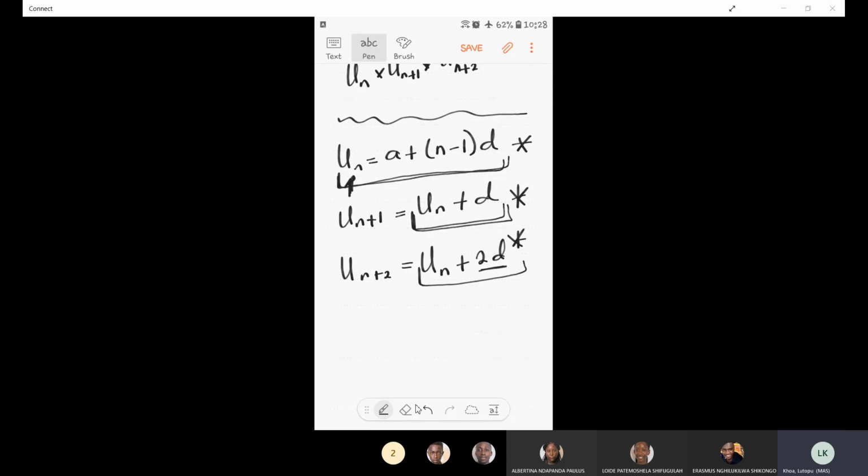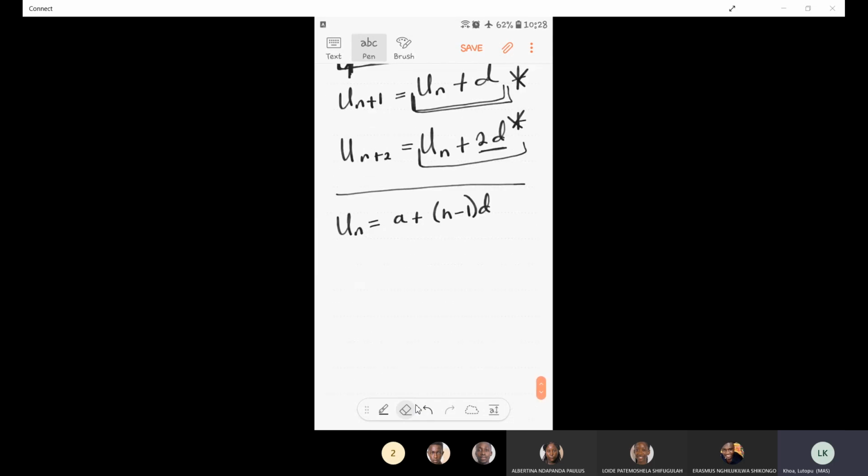So I can simplify un. For un, I will have a plus n minus 1 times d, and then un plus 1. Here, I think I should multiply out the brackets, then I can collect my d's. So this is just a plus nd minus d, and then un plus 1 is a plus nd minus d plus d, which is what I said to do over there.